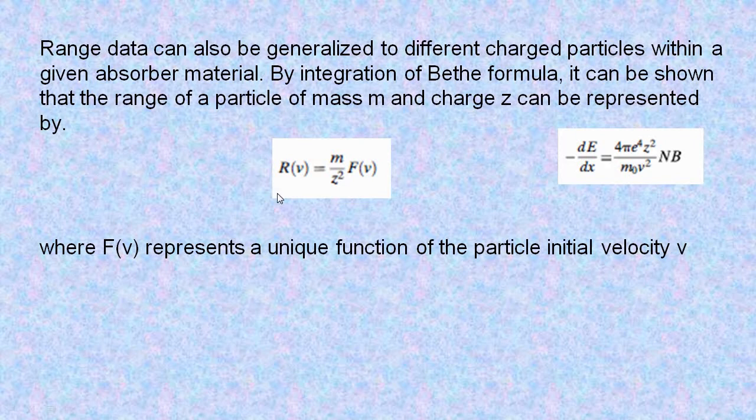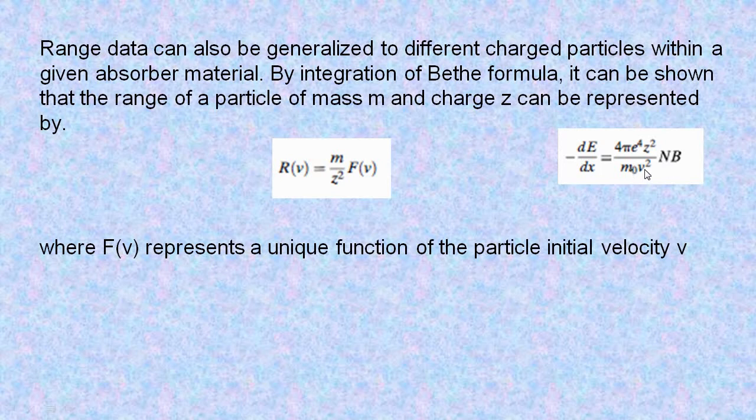So you have your famous Bethe formula. It can be shown that the range of a particle of mass m and charge z can be represented as follows. Just as we mentioned that the range can be found using an empirical formula for almost similar atomic weights, this is from the Bethe formula: minus dE by dx is 4π e^4 z² by m0 v² times N B, where z is the atomic number of the particle, and N and B correspond to the absorbing material.